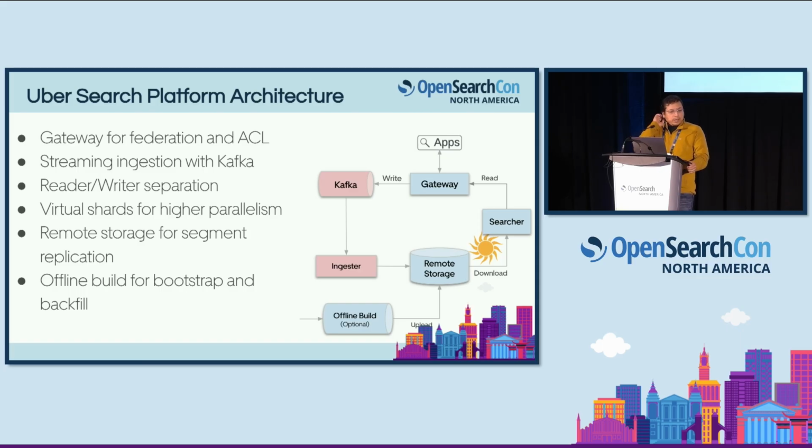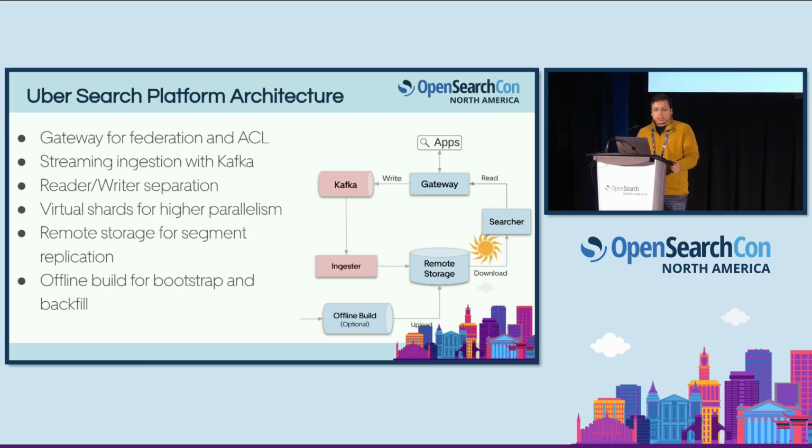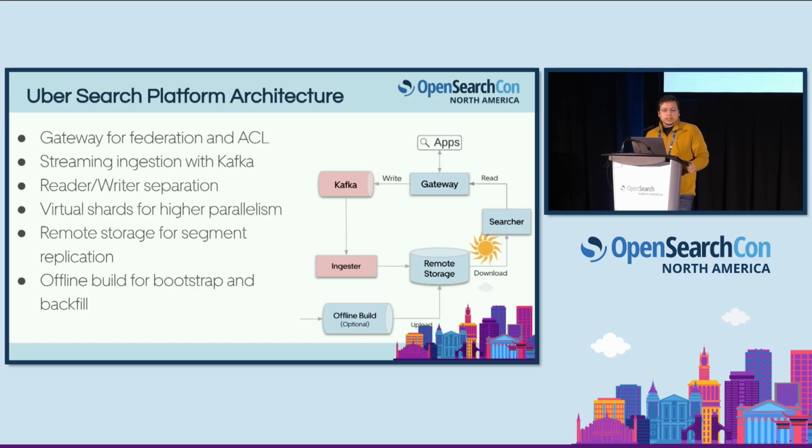So coming to the high-level picture of how our architecture looks, there is a gateway that accepts reads and writes from clients. The writes are sent over to Kafka. We have a service called ingester. It consumes data from Kafka at its own pace, and then creates this sorted index that I spoke about, and ships those indexes onto remote storage.